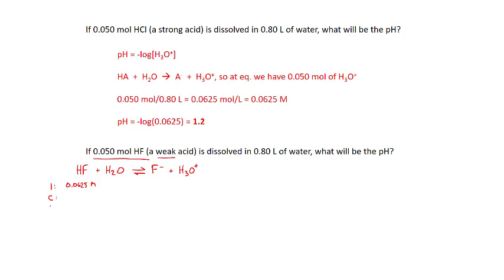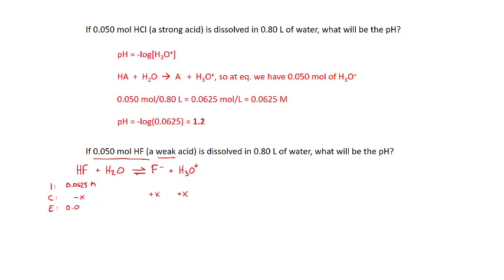However, this time, our reaction is not going to go to completion. Our change is going to be some minus X, and we're going to develop some amount plus X of fluoride ion and H3O+.